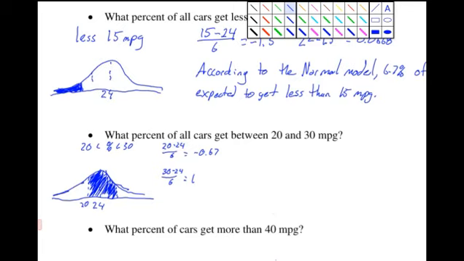Okay, negative 0.67 when we look in a table gives us 0.2514, and one standard deviation gives us 0.8413. Now, remember this 0.2514 is this little chunk here on the left. The 0.8413 is everything on the left from the one standard deviation.